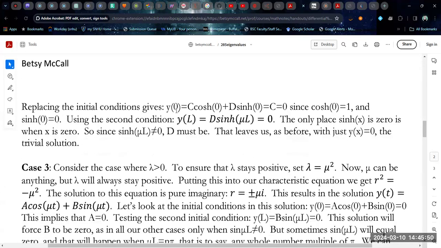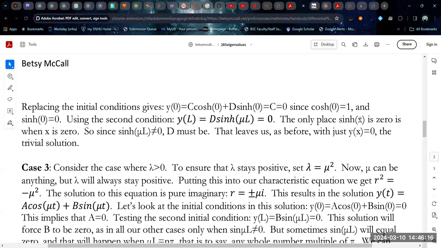So if we substitute y of 0 into this function, then hyperbolic sine of 0 is 0, hyperbolic cosine of 0 is 1, and so that forces the constant c to be 0. Now, that leaves us with this, and then we plug in our L value into our hyperbolic sine function.